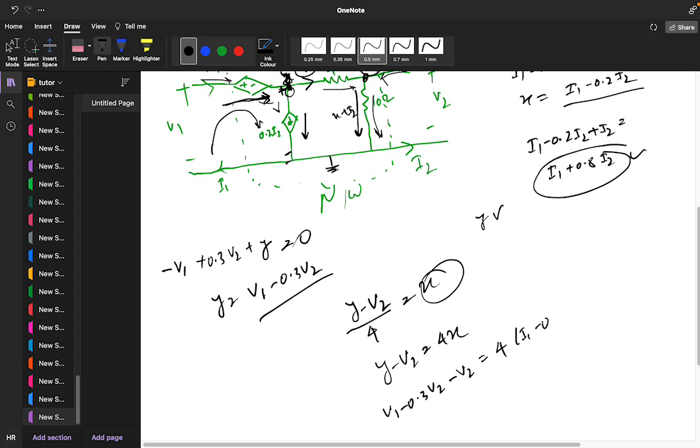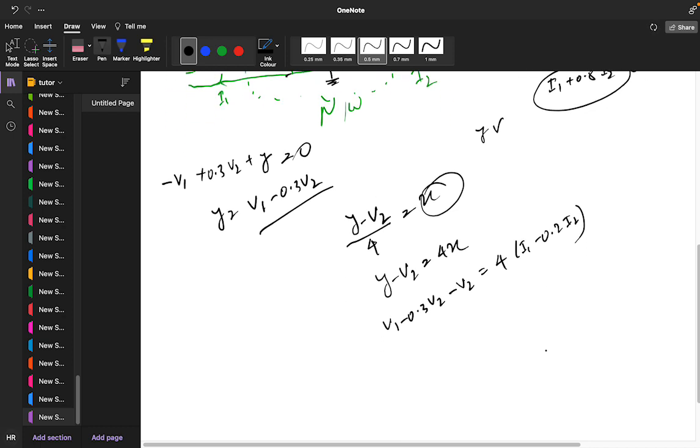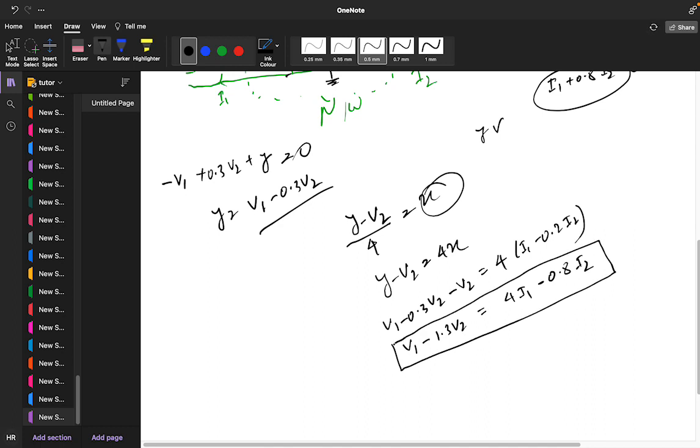By substituting this, you will get one equation: v1 minus 1.3 v2 equals 4 I1 minus 0.8 I2. Okay, you got one particular equation like this.